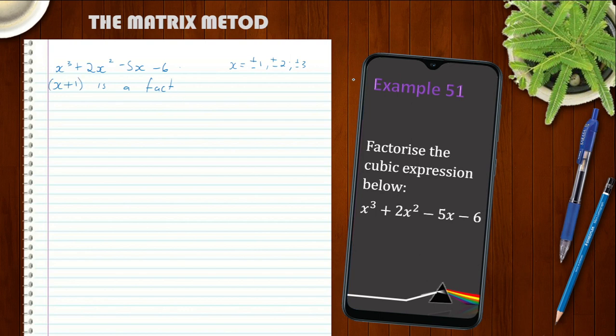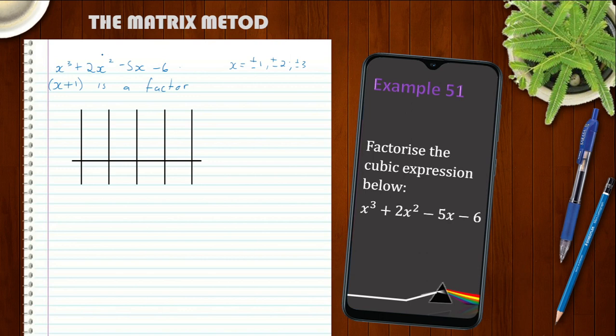Okay, now with the matrix method, the first thing I'm going to do is draw these bars or table, and for a cubic polynomial we always draw 4 rows so that we can fill in the coefficients of the terms.